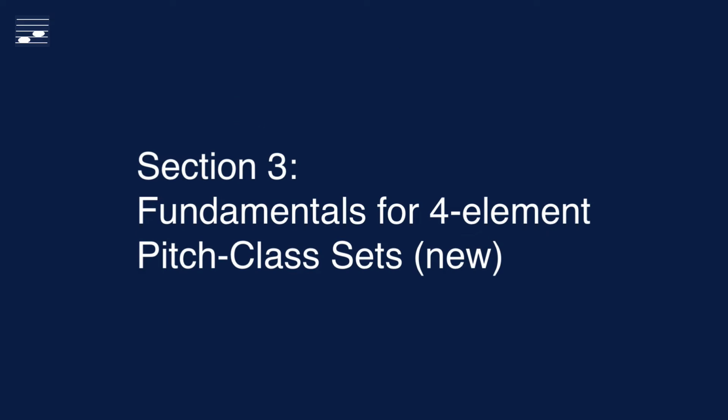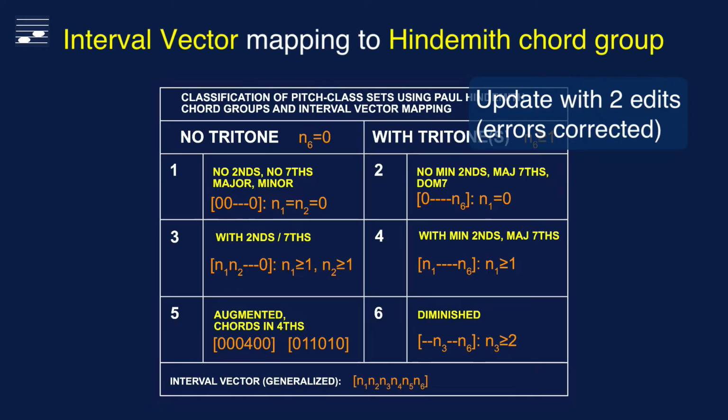In this episode, I'll look at the properties of the 29 possible 4-element PC sets. Here's an update of the chord classification diagram with 2 errors corrected compared to episode 1 in this series. There was 1 typo in group 3 and 1 miscalculation of the number of minor thirds in the diminished chord in group 6.